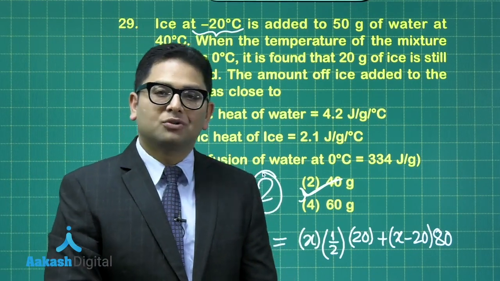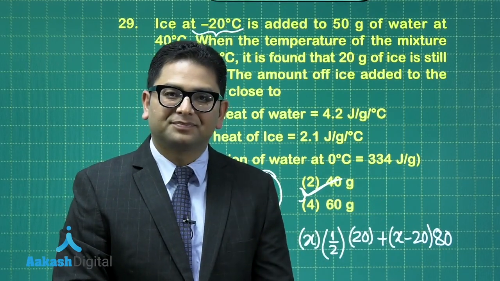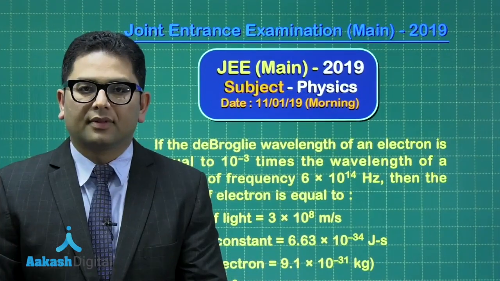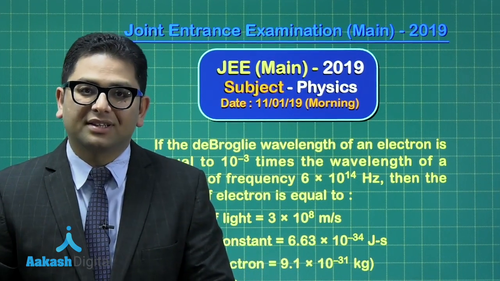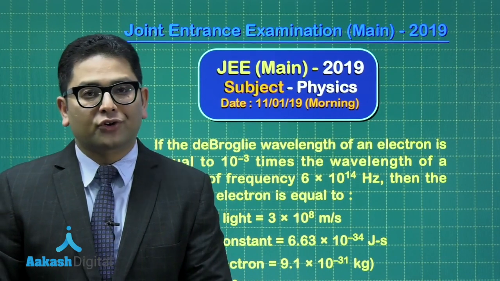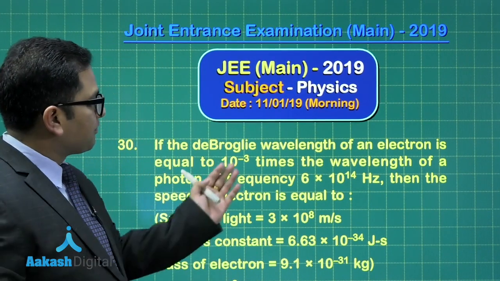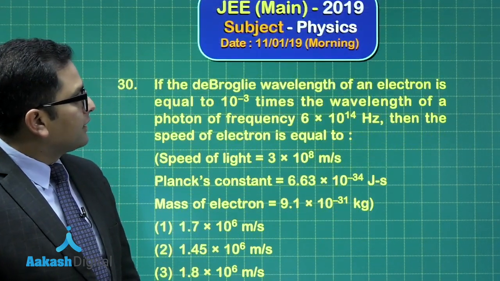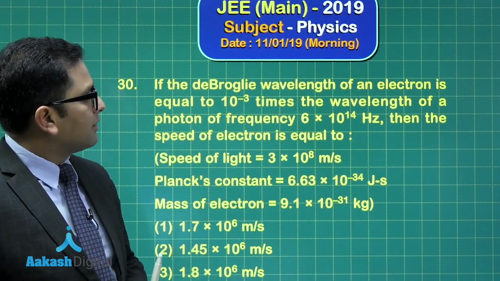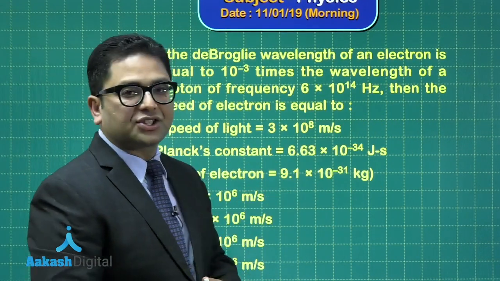Now it's time to move to the last question of this shift. Let's see the 30th and last question, which has been drawn from modern physics. The question says: the de Broglie wavelength of an electron is equal to 10 raised to the power minus 3 times the wavelength of a photon of frequency this much.